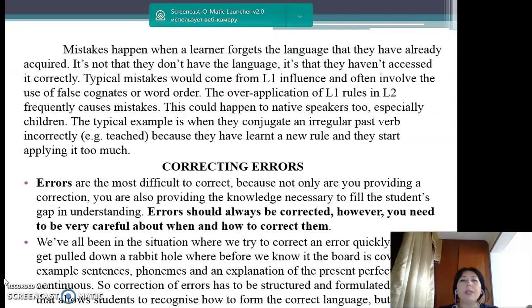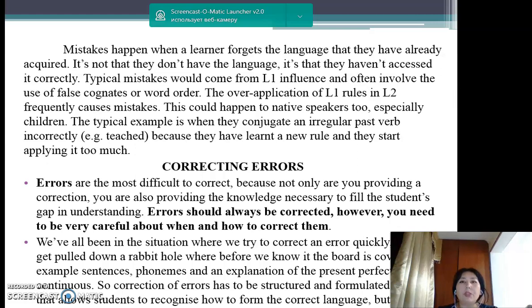Mistakes happen when a learner forgets the language that they have already acquired. It's not that they don't have the language, it's that they haven't accessed it correctly. Typical mistakes would come from language one influence and often involve the use of false cognates or word order.